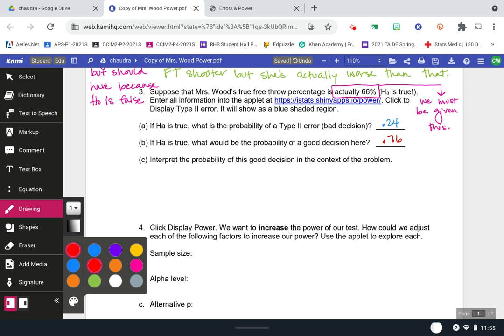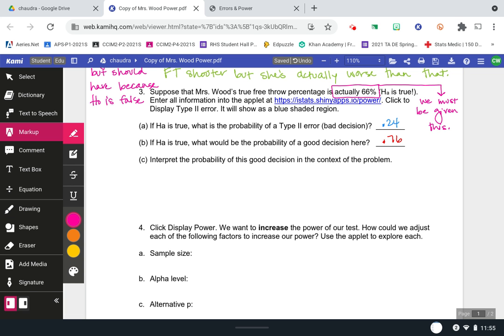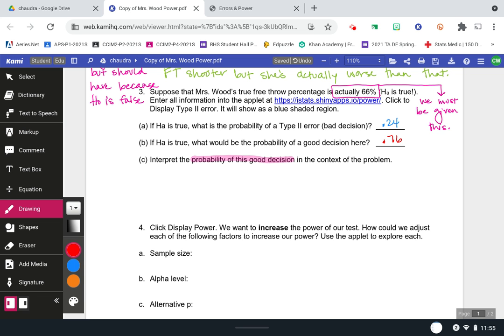And then interpret this probability, okay? So in order to make the interpretation of a good decision, let's talk about what that means a little bit and define it off to the side here.